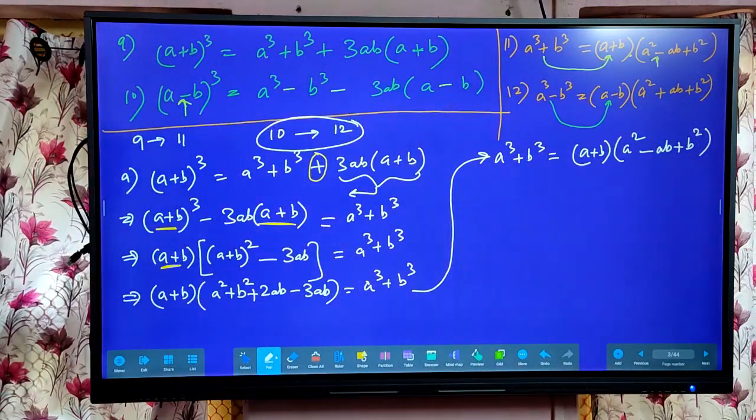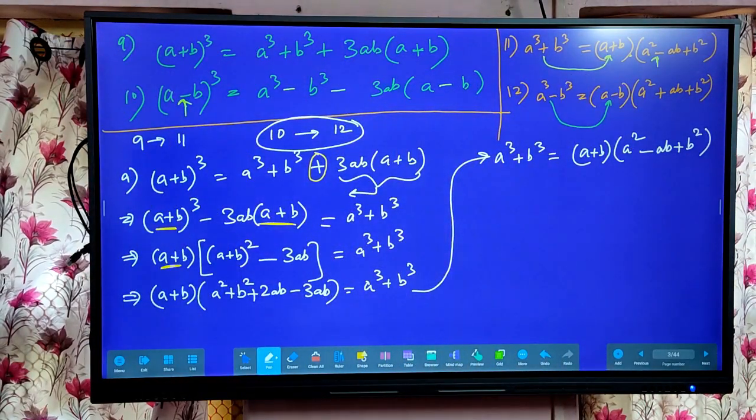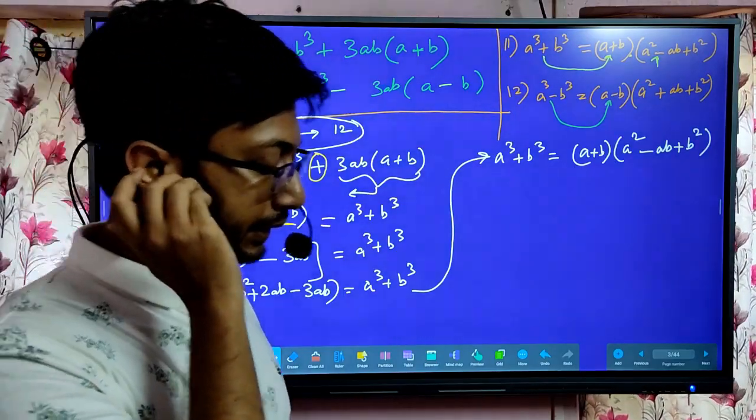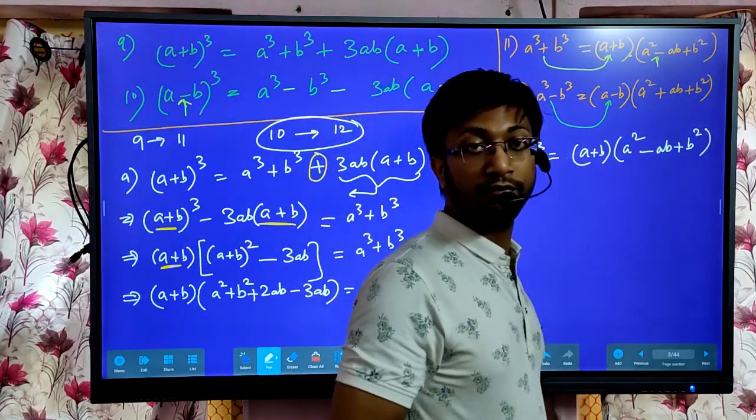Here we see the cube formulas. Now, in many books you will find that they give you the cubes in expanded format.